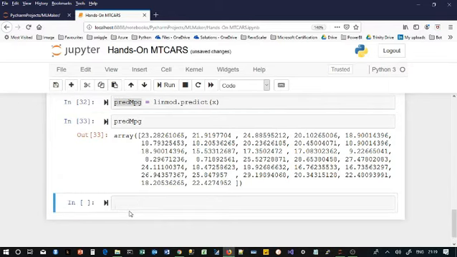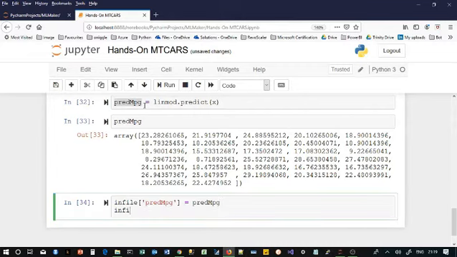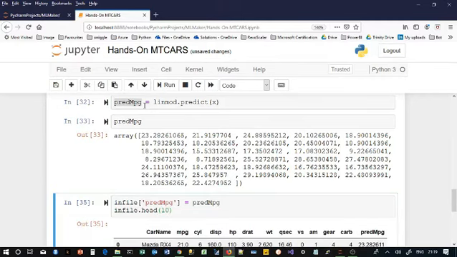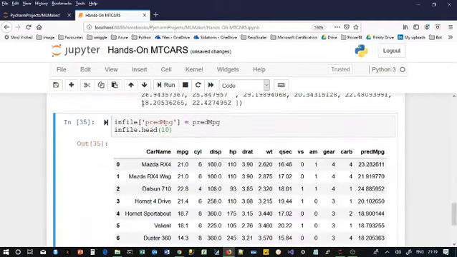Just for the sake of comparison, I'm going to create a new column in my original input file, let's call this predicted miles per gallon. There's nothing there. Now let's do a dot head on the file. As you can see, you don't have to do this. I'm doing this just for the sake of explanation.